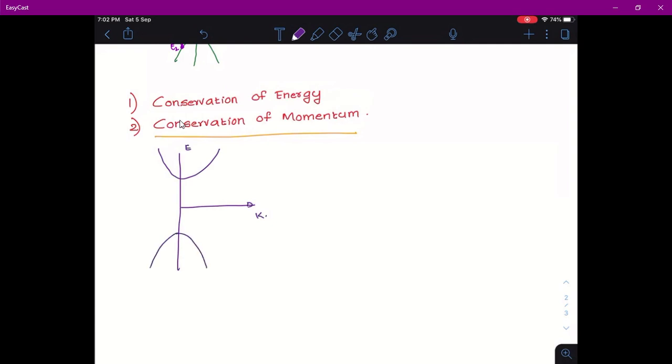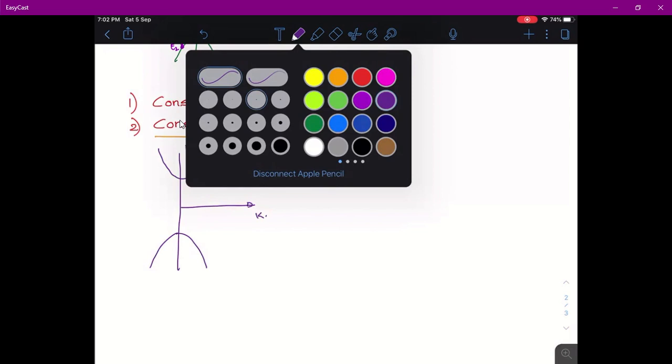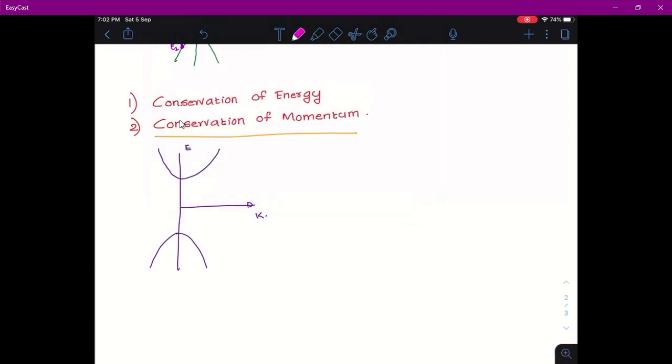Okay. Now instead of the electron jumping vertically straight, let's assume that the electron jumps in a slanting way.